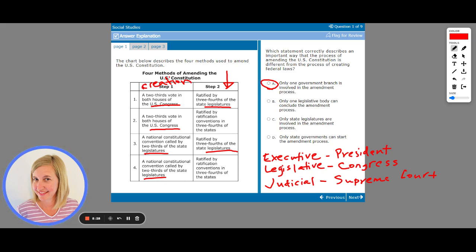There are 4 different ways that an amendment can be passed, and each one has 2 steps. The first step is where it is created. So in this method, it has to pass in both houses of the US Congress with at least a 2/3 vote. And then step 2 is concluding.